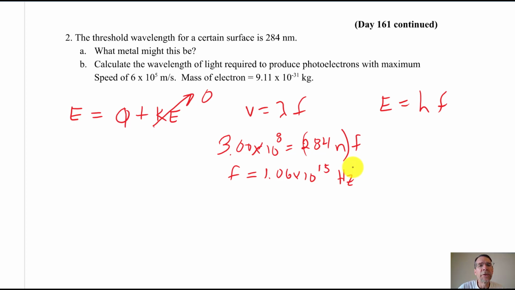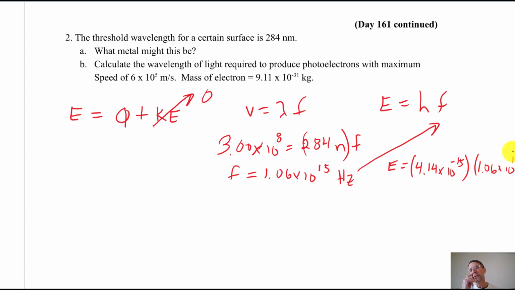But that's the frequency of those photons. I want the energy of those photons so that I can look up in the table to see what metal this is. So I'm going to take that and go over here. So the energy of those photons is, and I want to do it in electron volts because that's what the tables are in. So 4.14, you could do it in joules and then convert. 4.14 times 10 to the negative 15th times that number, 1.06 times 10 to the positive 15th.